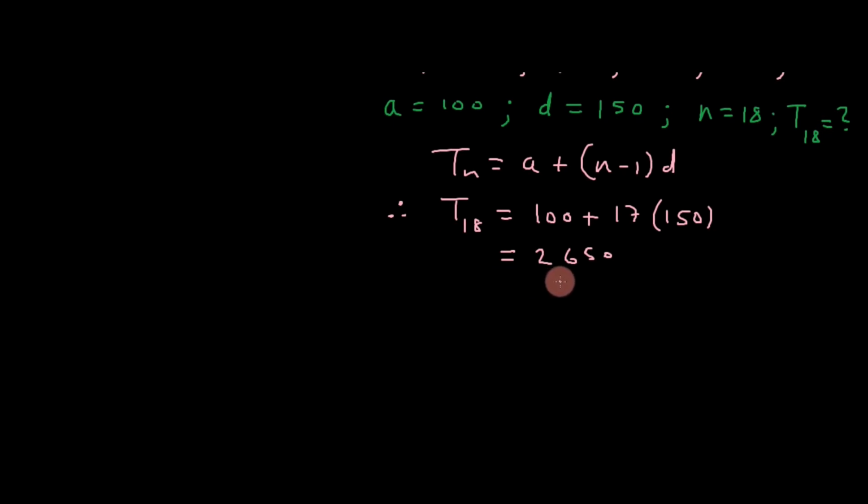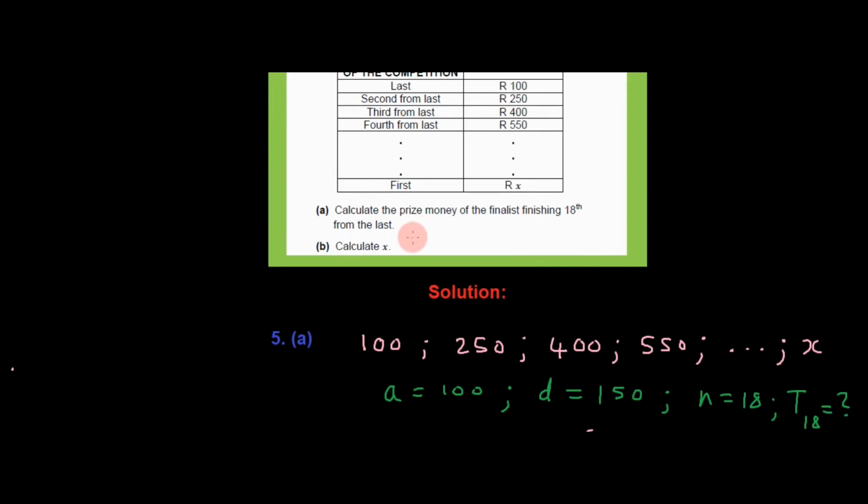So t sub 18 is 2,650, and hence the prize money will be 2,650 Rand.